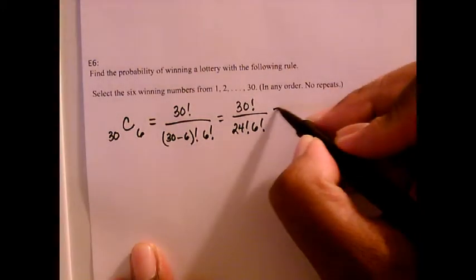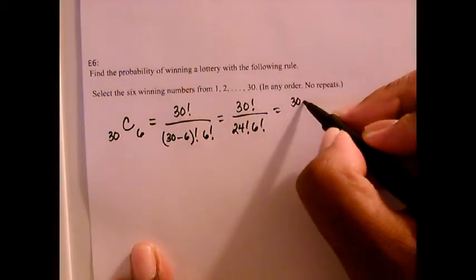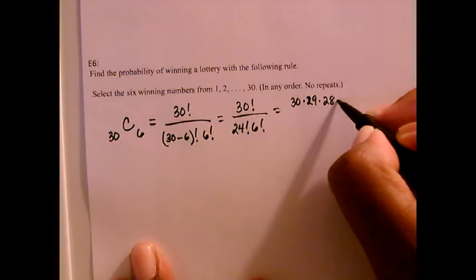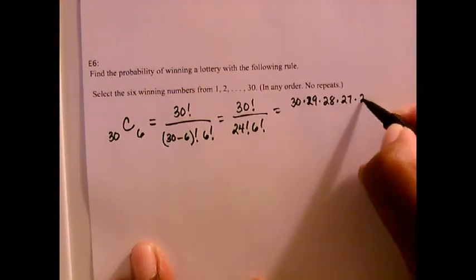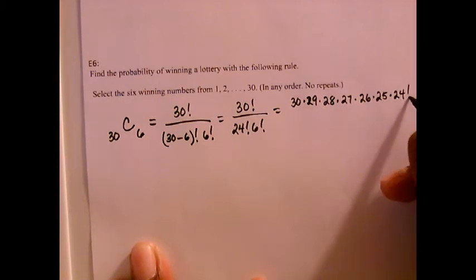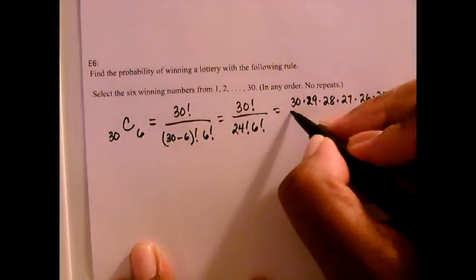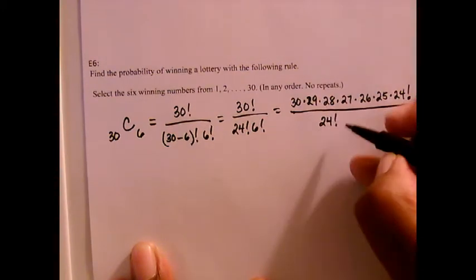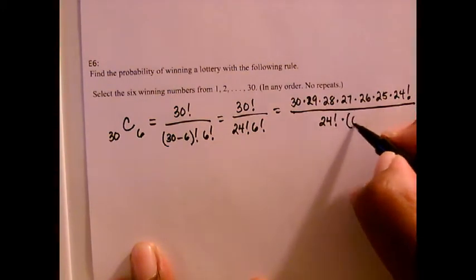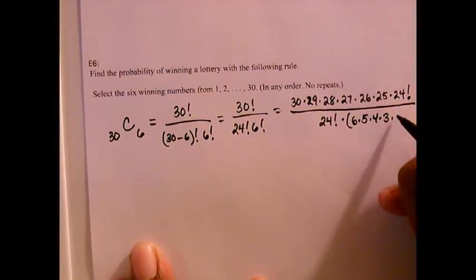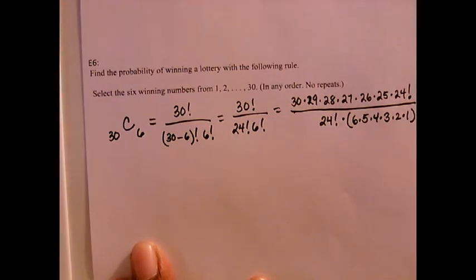Now the 30 factorial can be expanded as 30 times 29 times 28 times 27 times 26 times 25 times 24 factorial, because notice you got 24 factorial in the denominator. Now that 6 factorial will be 6 times 5 times 4 times 3 times 2 times 1.